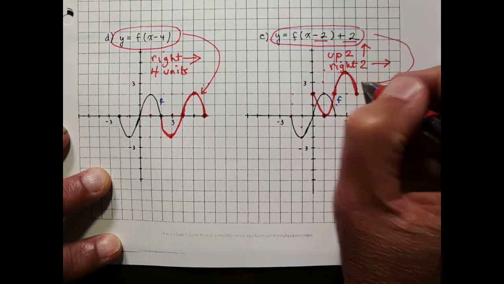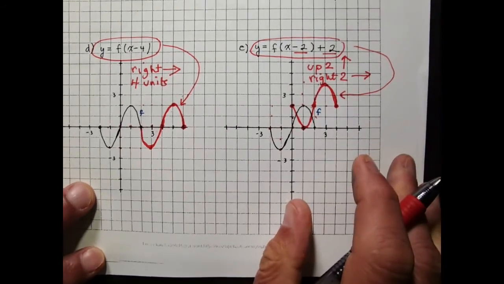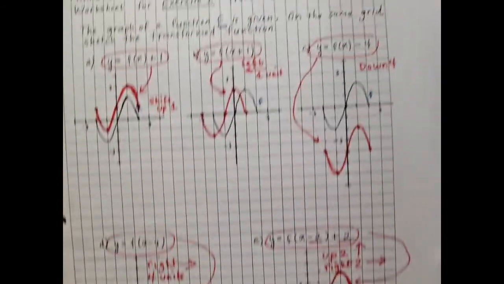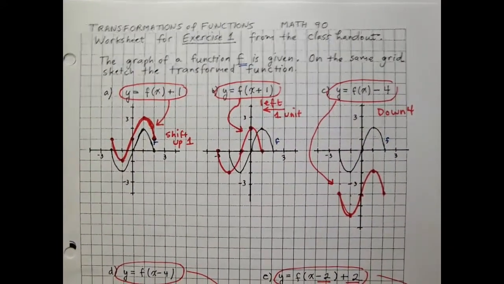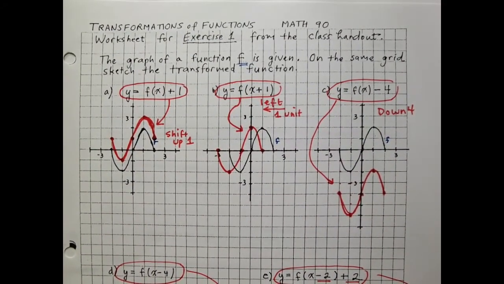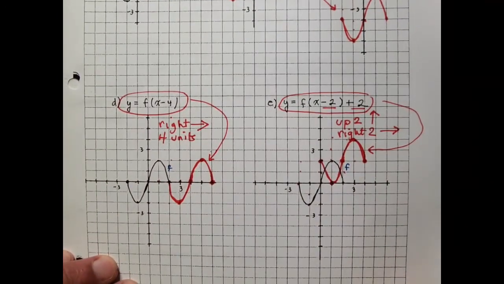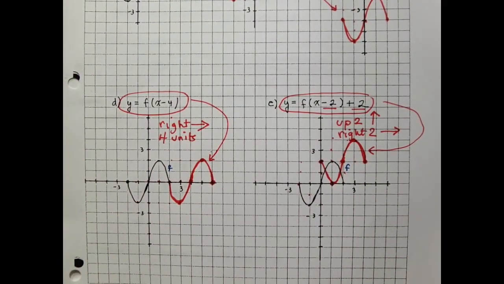And so there's our function for that one, and that's part E. So there's the 5 parts of exercise 1, A, B, C pictured, and D, E. And now we're going to move on to some other kinds of transformations.